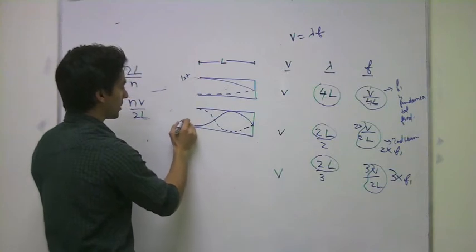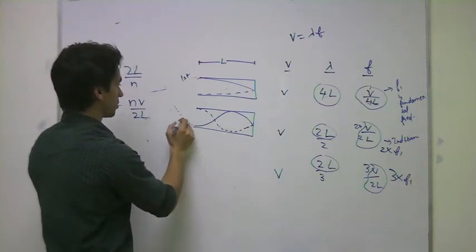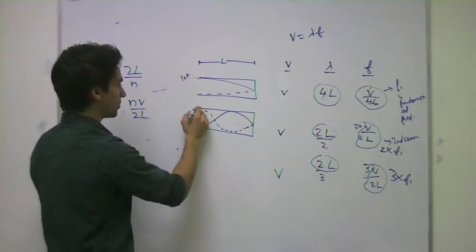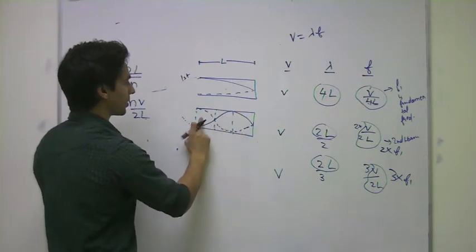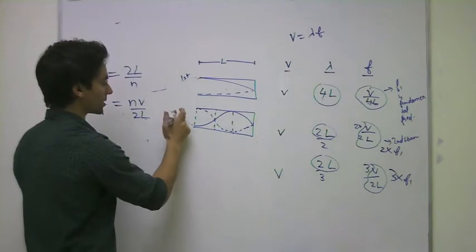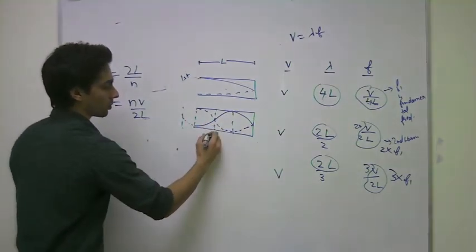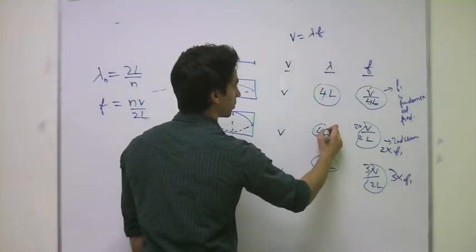In order to complete this wave, I need to go up until here. So, how many parts? Let's divide each node and antinode. I've divided this into 1, 2, and 3 parts, and I need 4 parts out of that in order to complete one wave. So, my lambda then becomes 4L over 3.